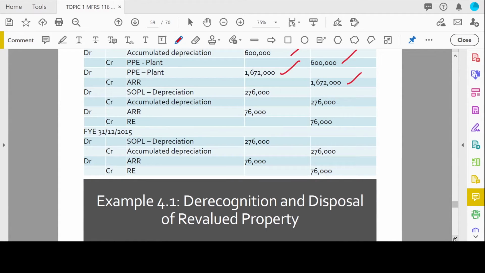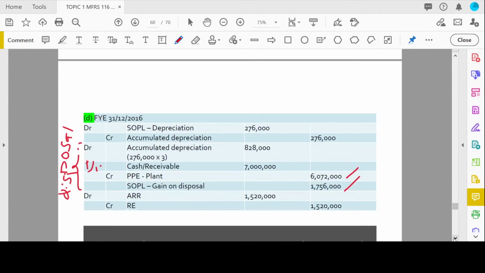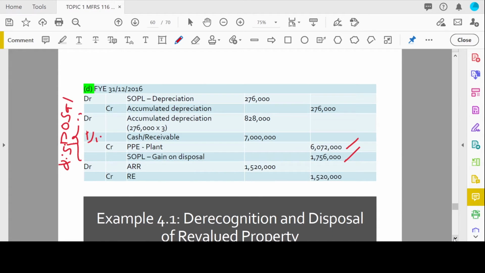And the last one is to credit retained earnings with any balance in account ARR. So in our ARR account, after we minus 76,000 in year 2014 and 76,000 in year 2015, the balance that we have in our ARR account in year 2016 is 1.52 million.